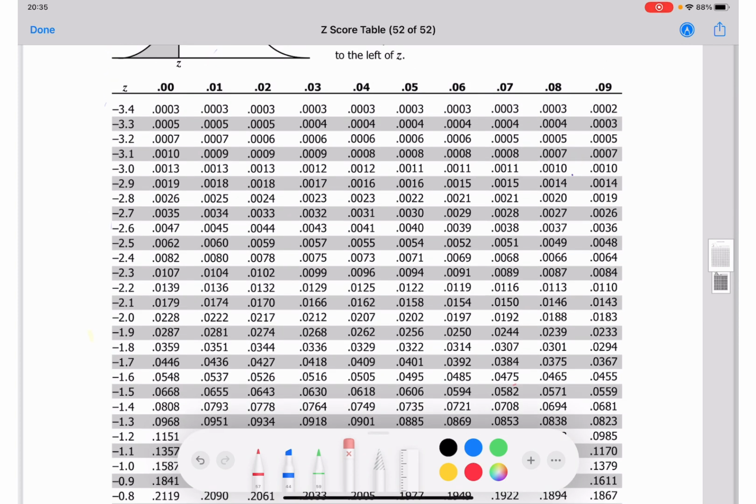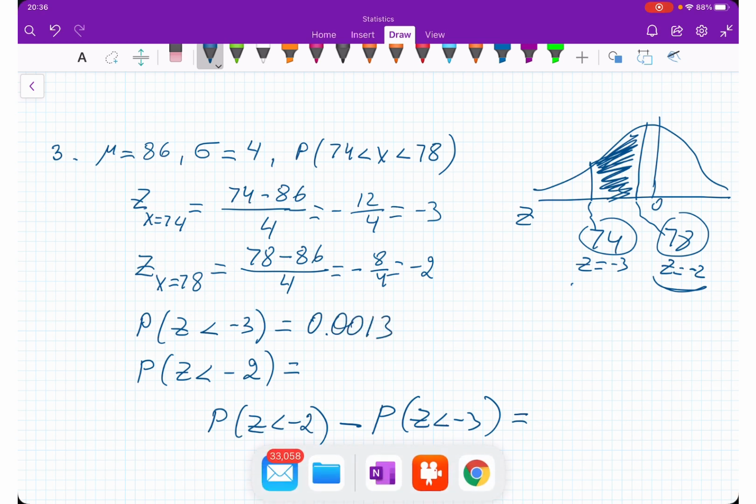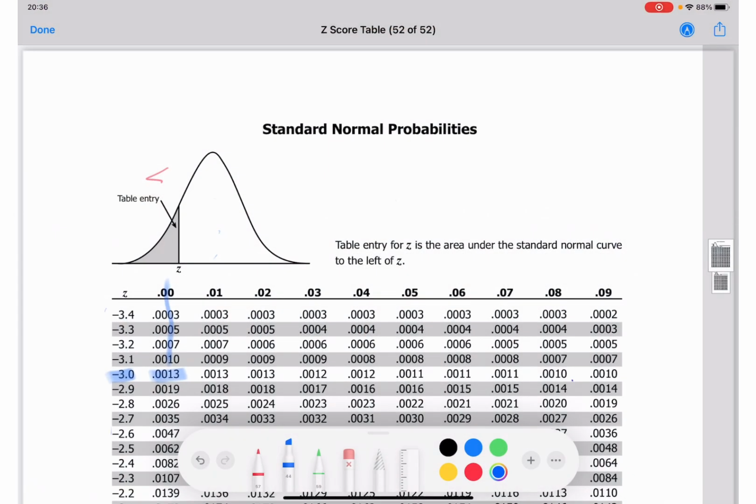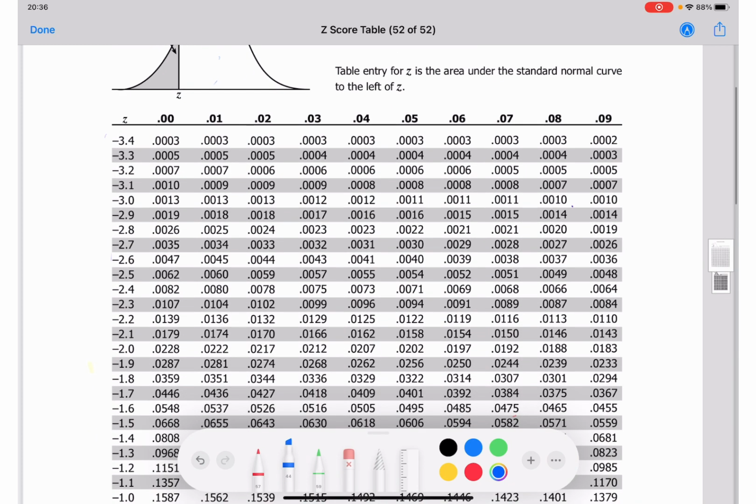Here it is, -3. Since we have exactly -3, we are taking 0, right? This 0, which is going to be 0.0013. Okay, for -2, where is it? -2.